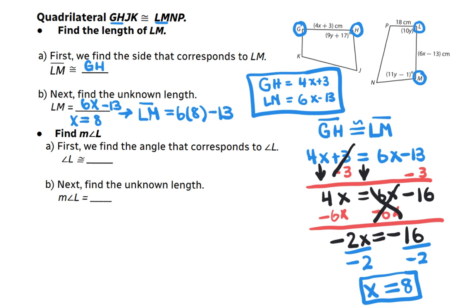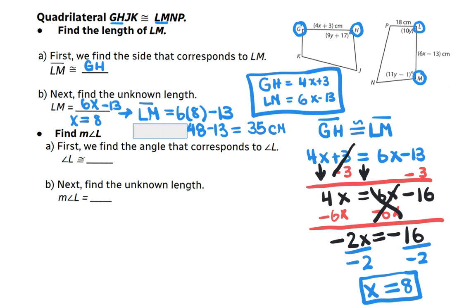So you want to put that in your calculator and determine what the value is. Once you get it in your calculator, you'll find that LM is equal to 48 minus 13. So therefore, the length of LM is 35 centimeters. All right, and so you can put a box around that, and that's going to be your answer.